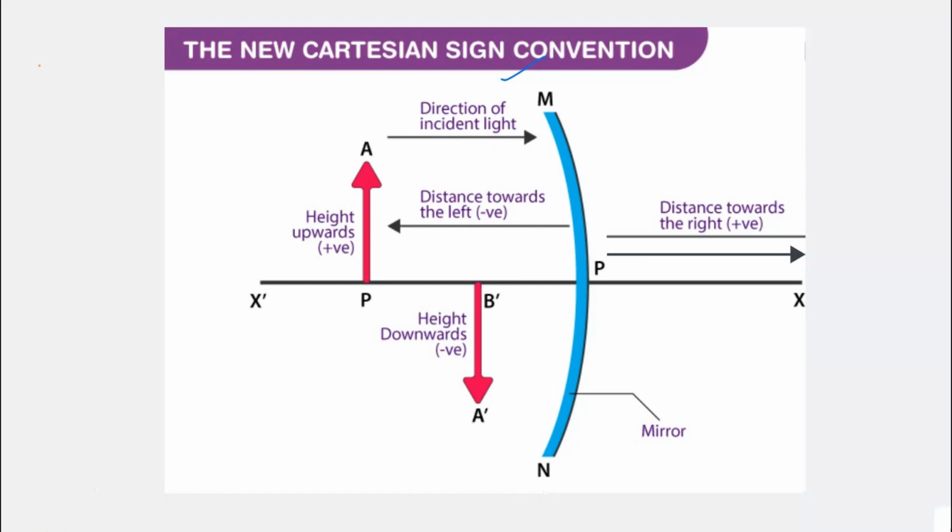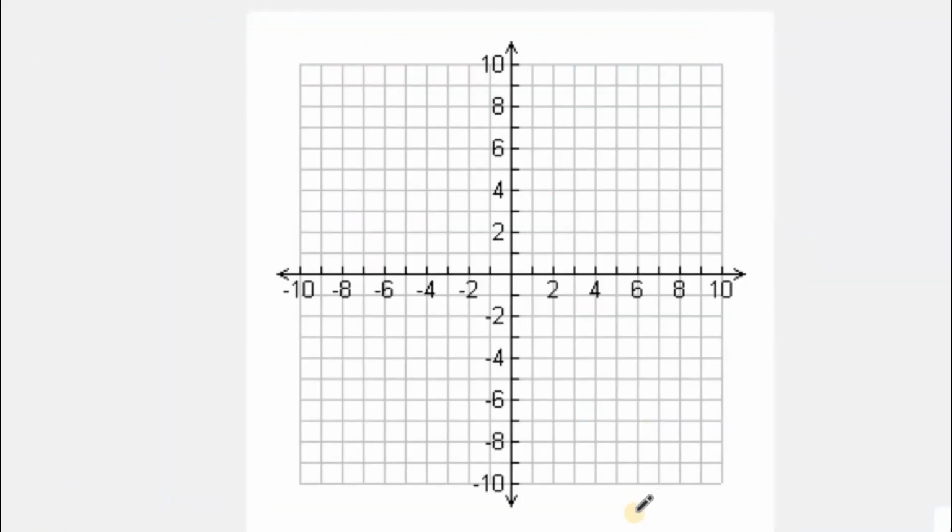So let's start. To understand this, we'll take the help of a little bit of mathematics and use a graph paper on which I have drawn a number line. This is the origin O of the number line, and any distance measured to the right of O along the positive x-axis is positive.